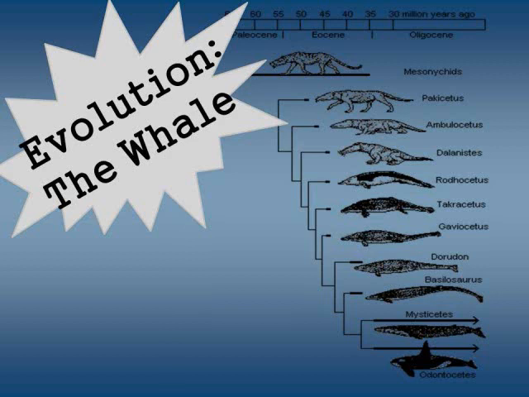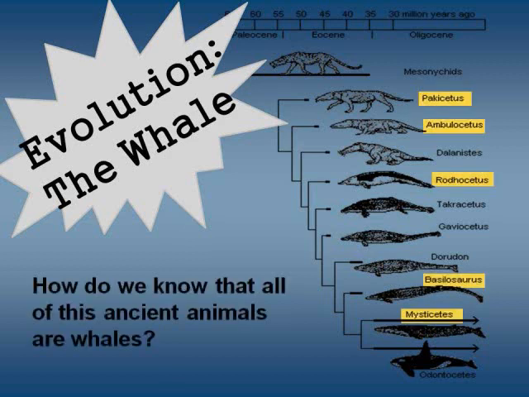Here we have a cladogram of the whales, and you can see all the way down the line, at the very bottom, we've got modern whales, and we can go up and see how the whale body has changed and evolved from Pakicetus, who looks like a dog, who lived on land, to a modern whale. We can see the gradual changes as they go through. And every one of these animals is an ancient whale.